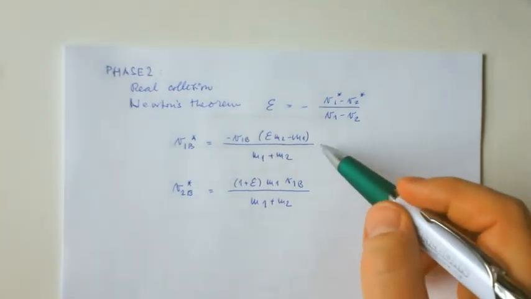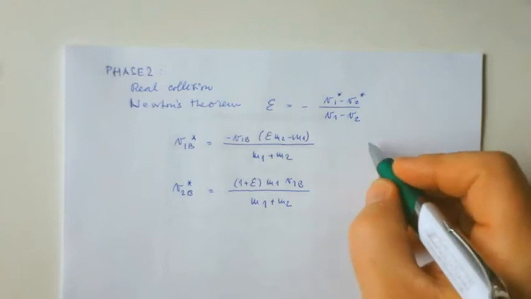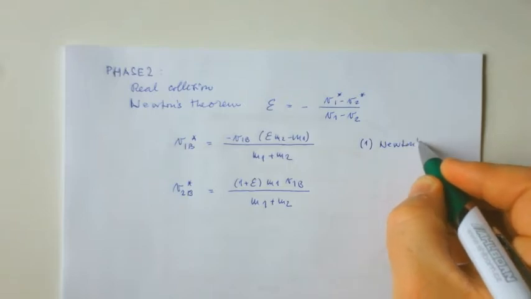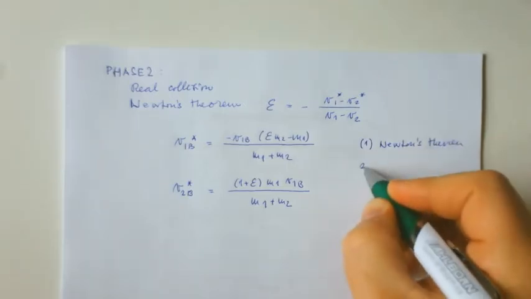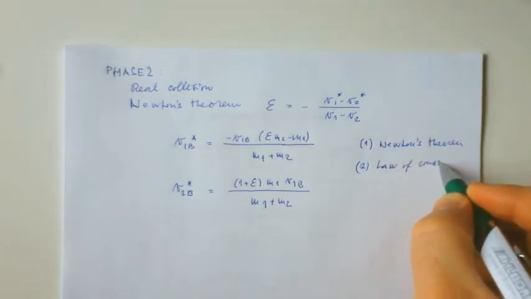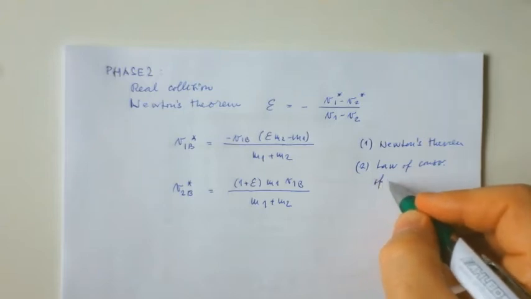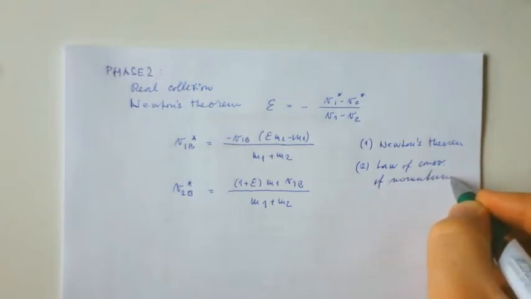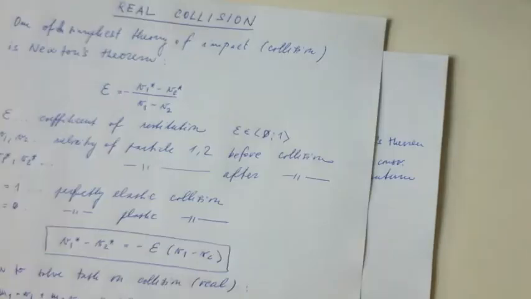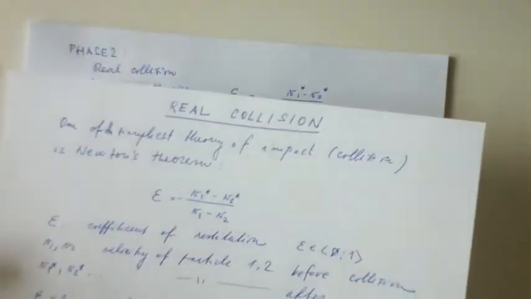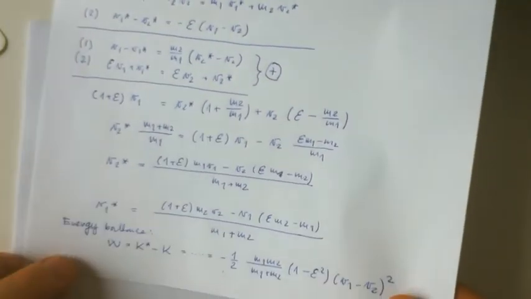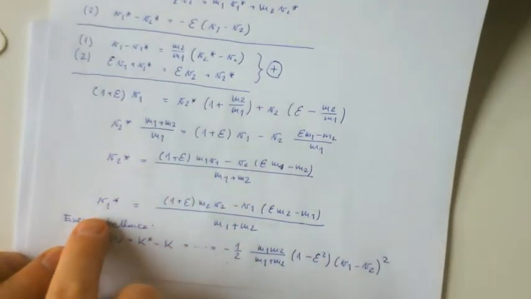So how did we get this? First we used Newton's theorem, and second we used the law of conservation of momentum. We can look at the theory about real collision, and you can see that we derived these results.